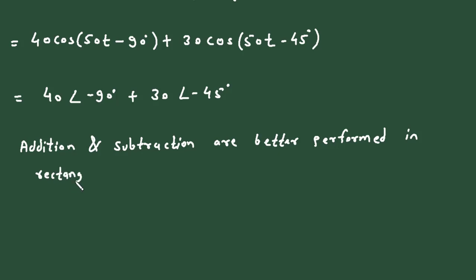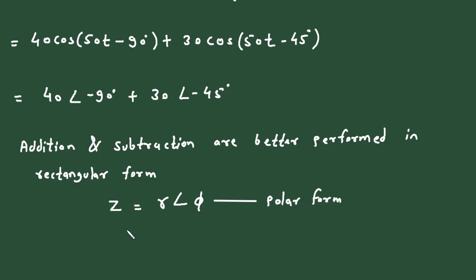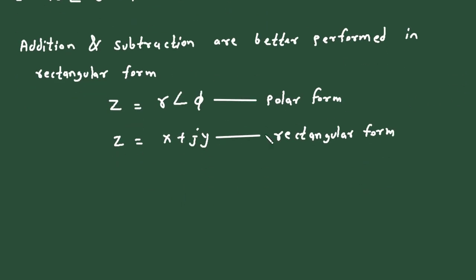So Z is equal to R at an angle phi. This is called the polar form, and Z is equal to X plus JY. This is called the rectangular form. So we have to convert from this to this rectangular form.